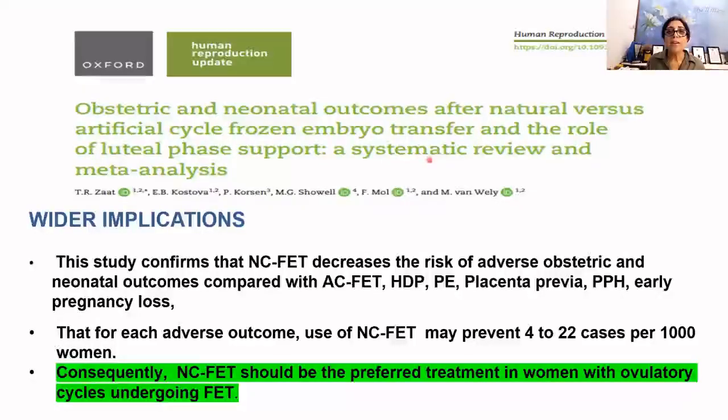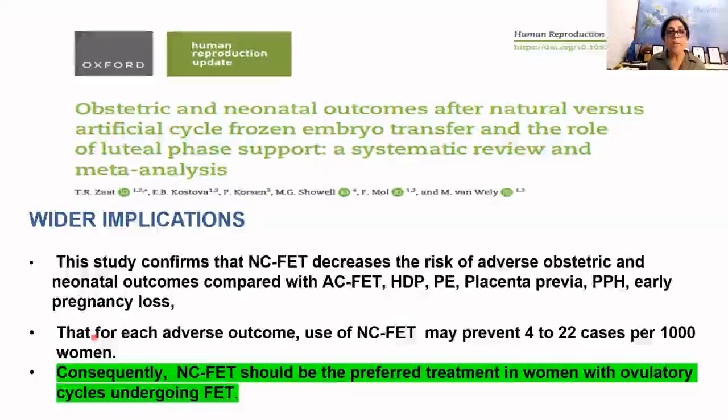So this was a systematic review in 2023. Again, as I said, there was no RCT till then. And the sum up was, natural cycle FET should be the preferred treatment in women with ovulatory cycles undergoing FET. Why? Because the incidence of hypertensive disorders of pregnancy, preeclampsia, placenta previa, PPH, early pregnancy loss was higher in cases which were undergoing an HRT cycle compared to those pregnancies which were conceived in a natural cycle FET protocol.